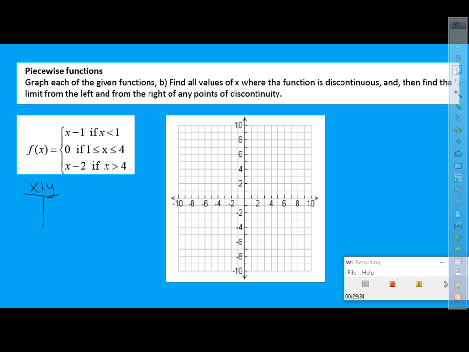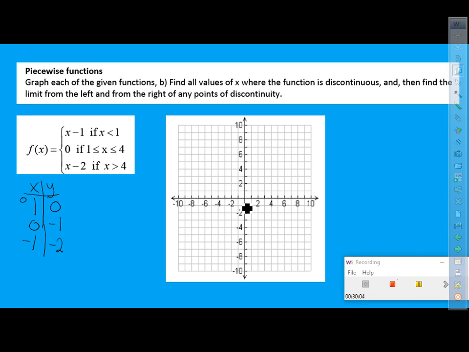So look at that x minus 1. If x is less than 1, I'm going to pick an x value of 1. But something I know, since it just says less than, there's going to be an open dot on it. Then I'm going to pick a couple of numbers less than 1. So I might pick 0 and negative 1. When I plug these values in, 1 minus 1 is 0. 0 minus 1 is negative 1. Negative 1 minus 1 is negative 2. So here's the first piece I'm going to graph.